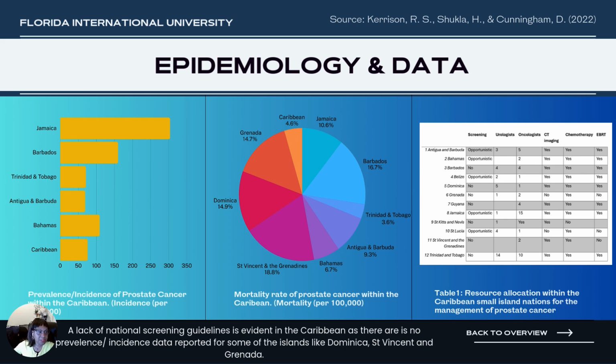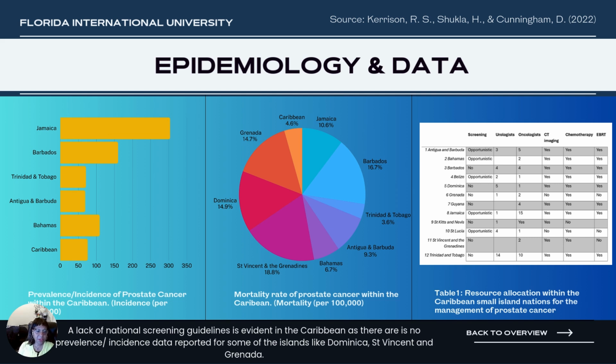But here you will notice that I only have some of the islands, and that is because of a lack of national screening guidelines. It is evident in the Caribbean, as there are no prevalence or incidence data reported for some of the islands, like Dominica, St. Vincent, and Grenada, right?